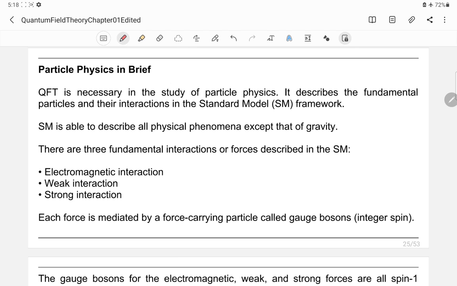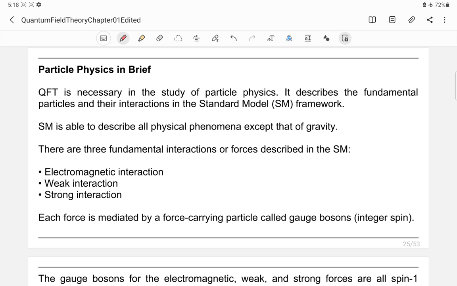So now we're going to introduce particle physics very shortly. By the way, quantum field theory is very essential in particle physics. It describes the fundamental particles and their interactions in the standard model framework.